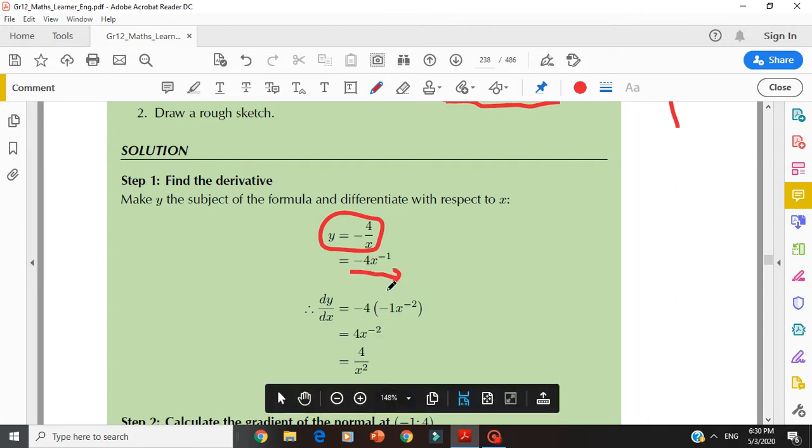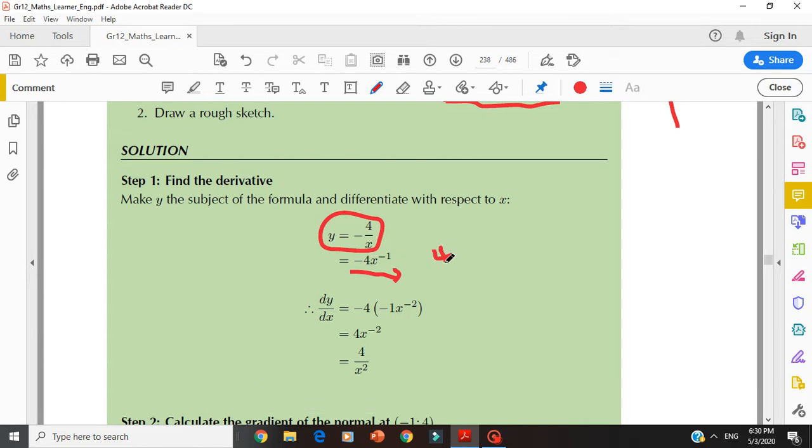So now I can find the derivative. Minus 1 times minus 4 is positive 4x, and the exponent minus 1 minus 1 is minus 2. But I always said to try and write it as a positive exponent. So you're going to get 4 over x squared.